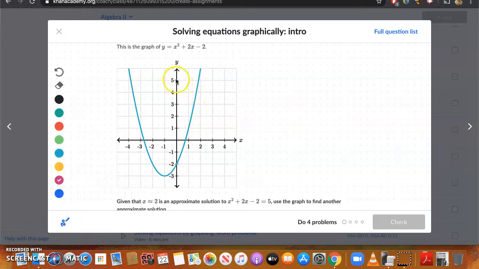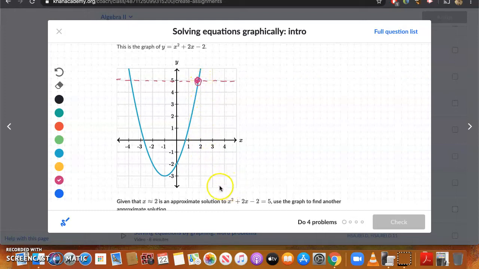When this function is equal to 5, and by the way, I'm just going to draw a dotted line through 5, y equals 5. They're saying that when this function is equal to y equals 5, right here, the x coordinate is approximately 2. Does everyone see that?